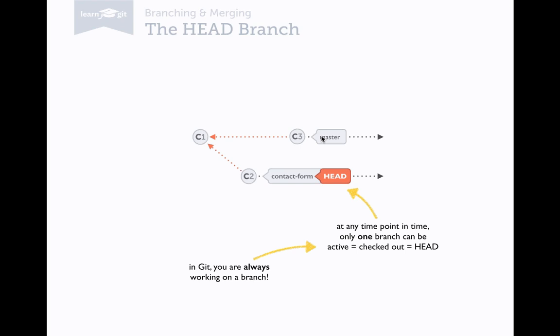So the head is just a pointer that points to a branch actually, and to the one that is currently active. And this is very interesting to keep in mind. In Git, you are always working on a branch. So if you're thinking right now, well, branching, I'll look at that later. You are always working on a branch in Git. So you better get familiar with this core concept as soon as possible.